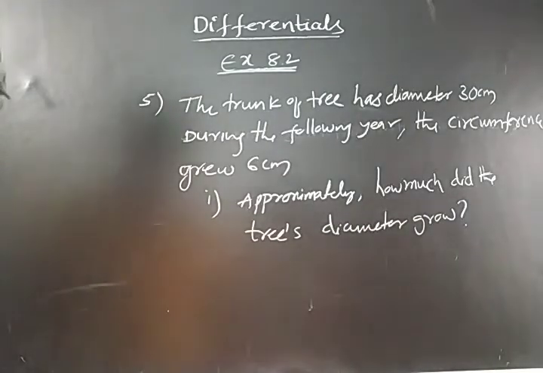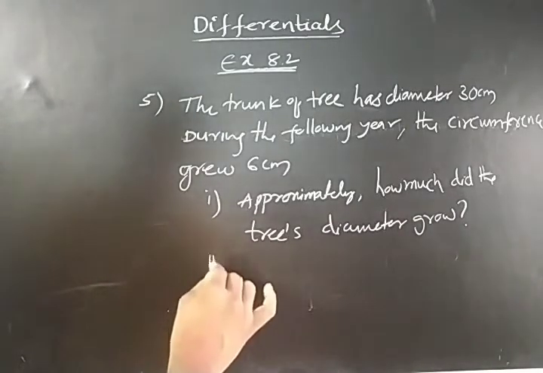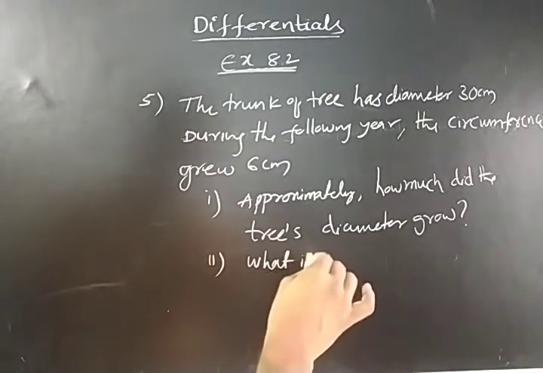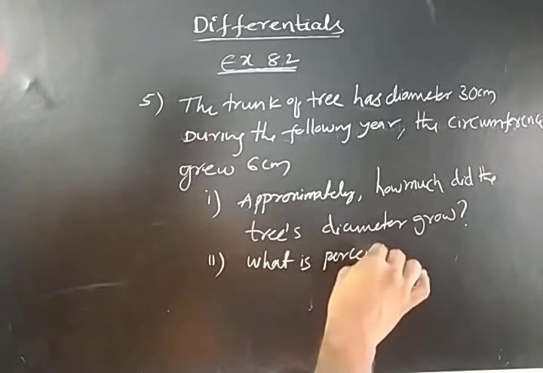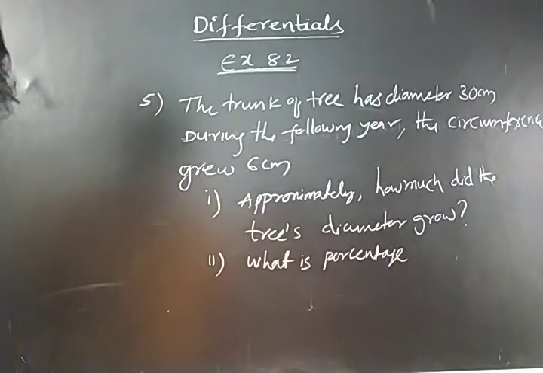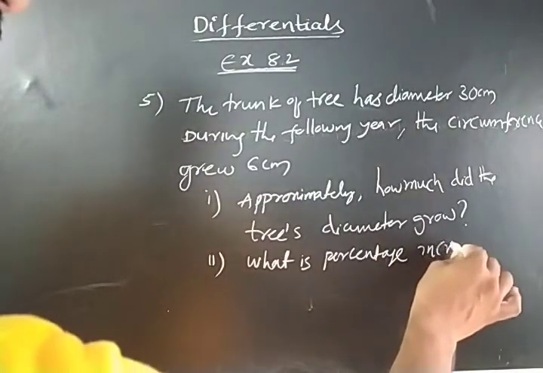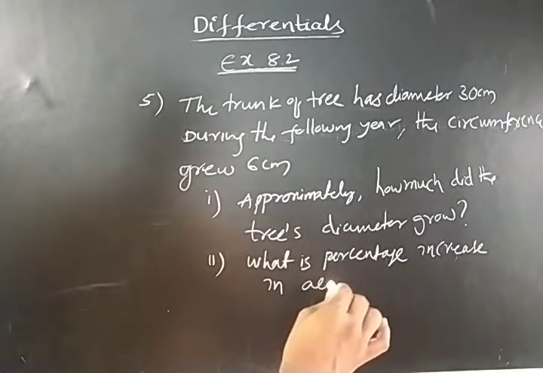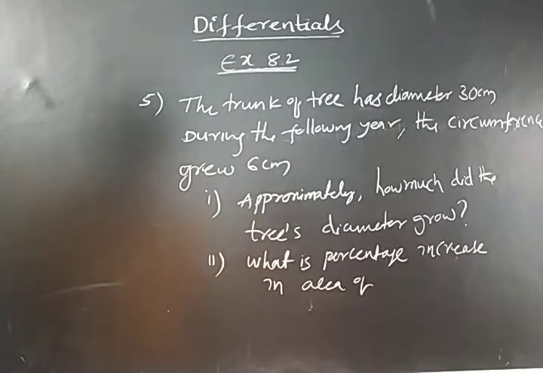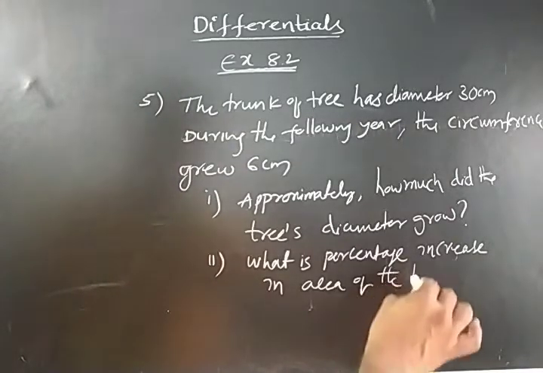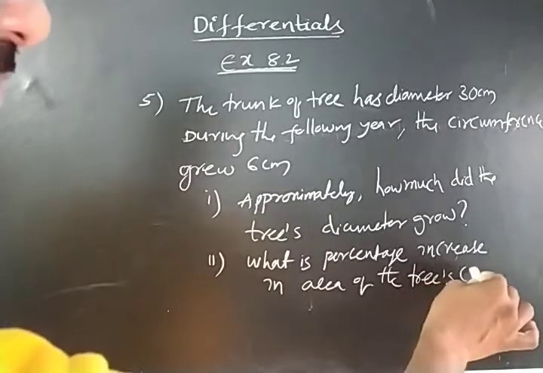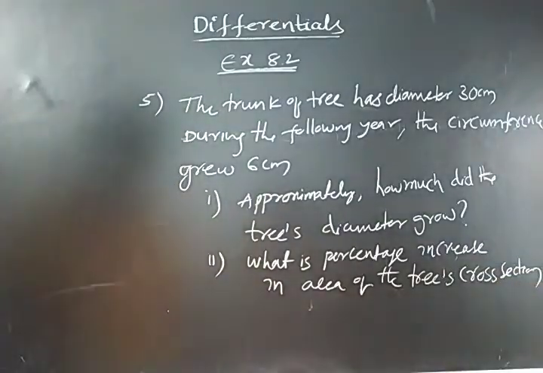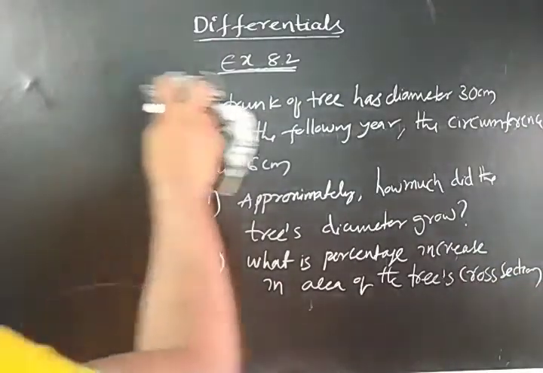Now the second question is, what is the percentage increase in area of the tree's cross section. So we have two questions in this. So I am going to solve this question.